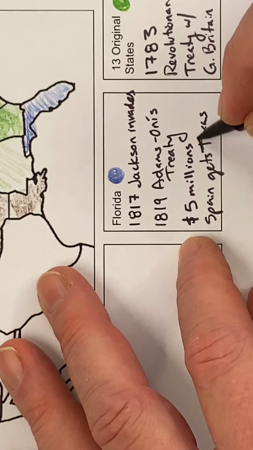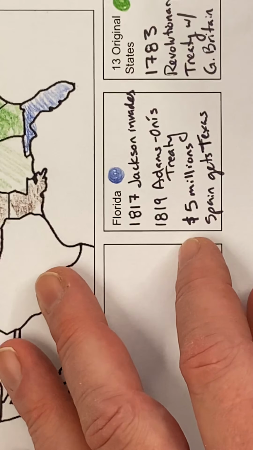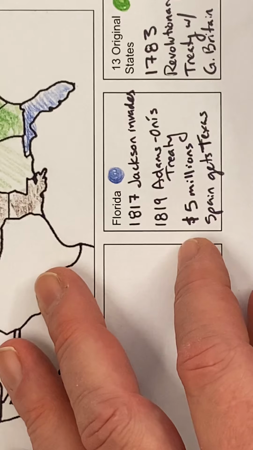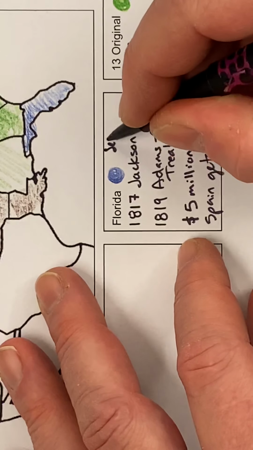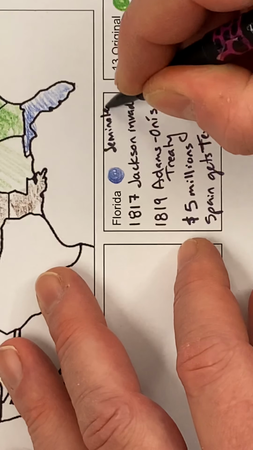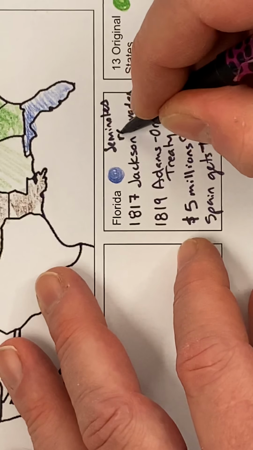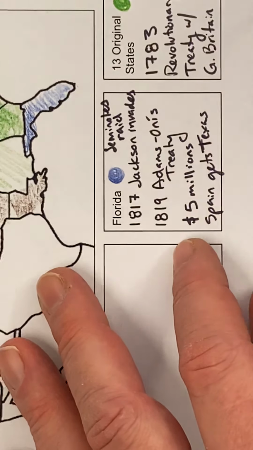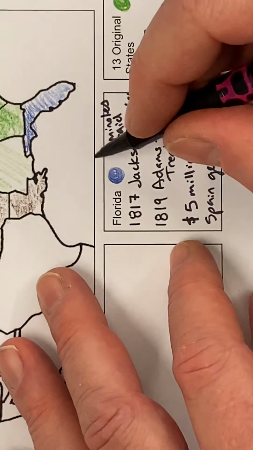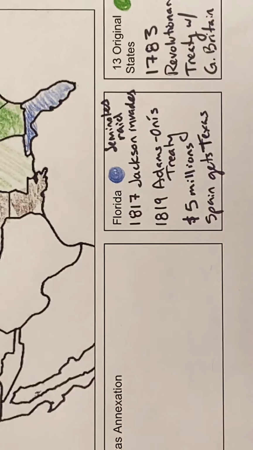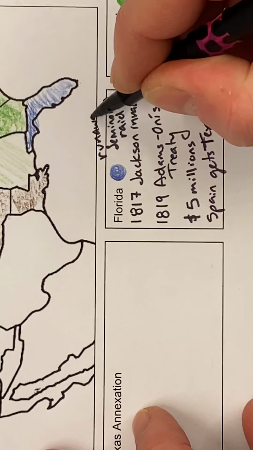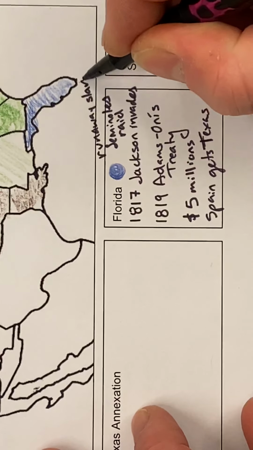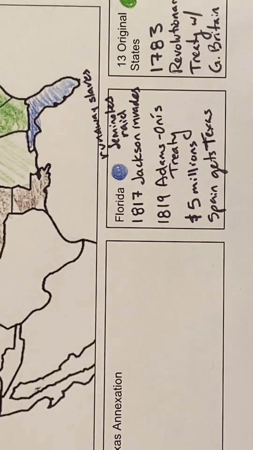Why didn't you capitalize Texas? There we go. All right. And I'm not going to draw a picture there. Seminoles raid. Runaway slaves, too. All right. That is the drawback of this small map, is there's no room to write. All right.